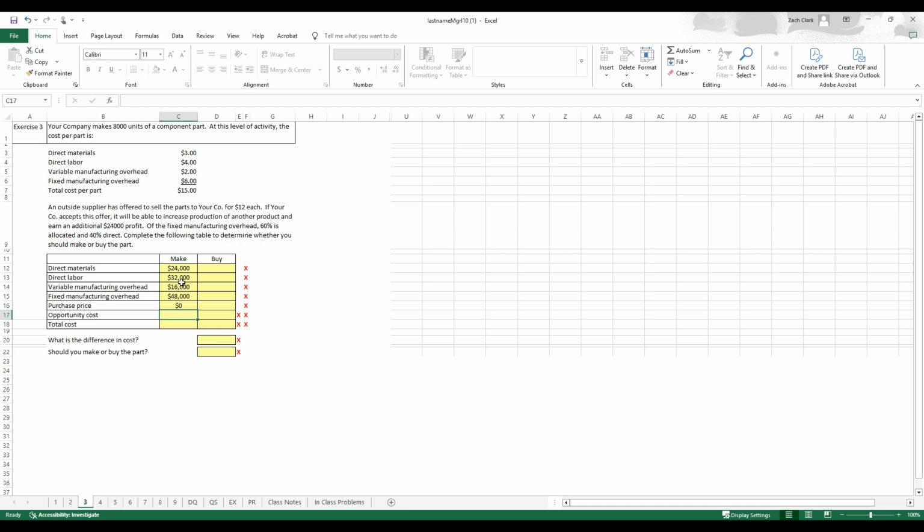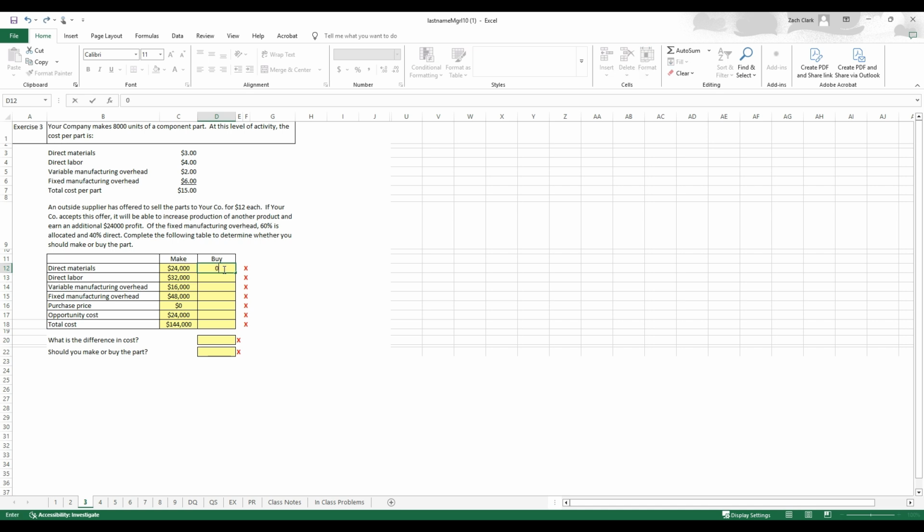So by not taking the offer, we have an opportunity cost of $24,000. We're bypassing $24,000 if we have it produced outside, because if it's bought, then we can earn more money. So we add all those costs together, and it becomes 144,000 there.